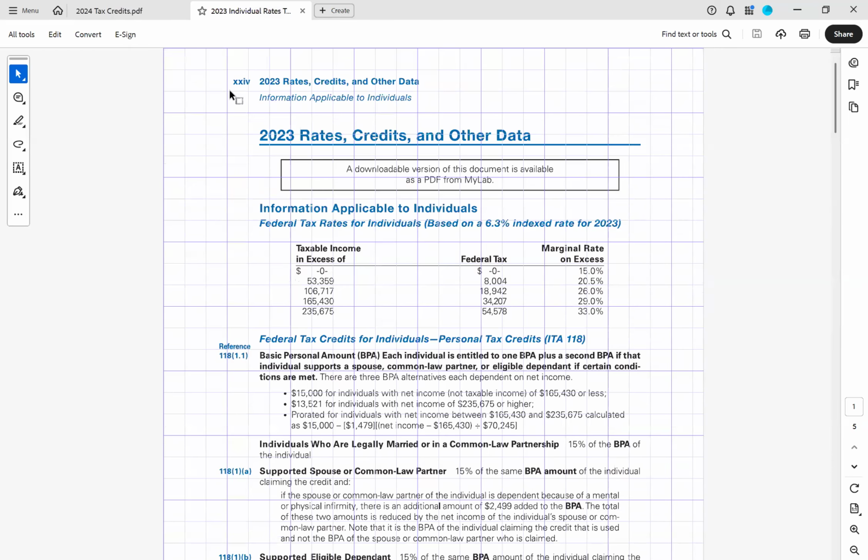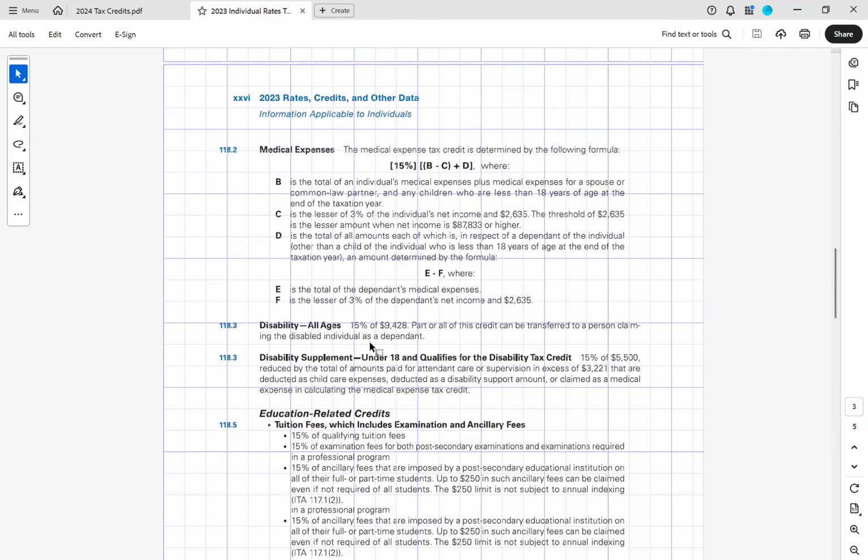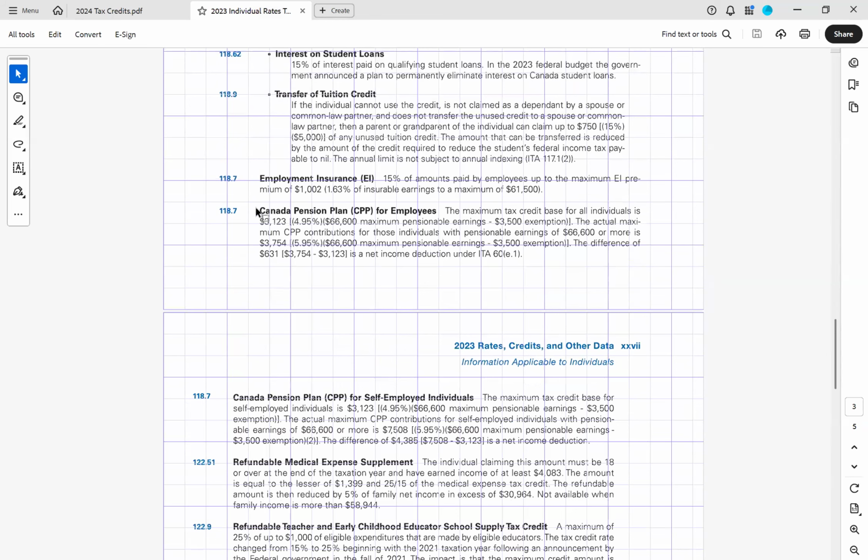So I just did a quick switch to the 2023 rates table. If you see it at the top here, this is the 2023 rates table. If I scroll down to the same CPP section, the last sentence says the difference of 631 is a net income deduction. So the CPP deduction under 3C for 2023 is 631.